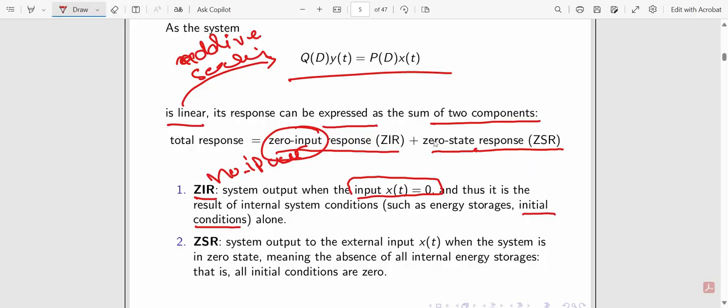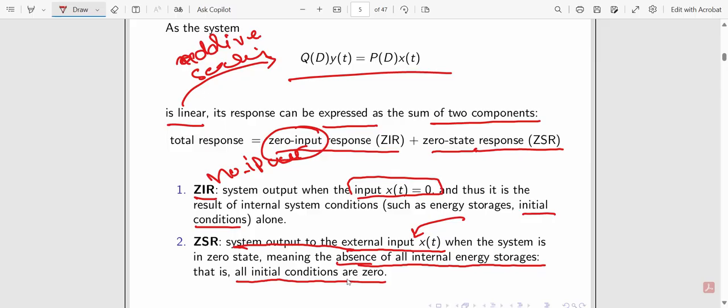And zero state response means that there is no internal initial condition in the system; all initial conditions are 0. The output that you are getting from the system is just because of the input that you are giving. There is nothing inside, no initial condition, meaning the absence of all internal energy storage.